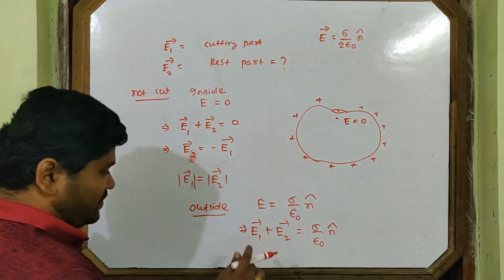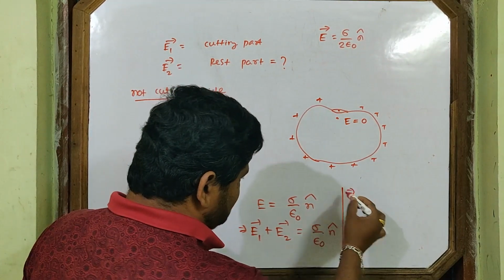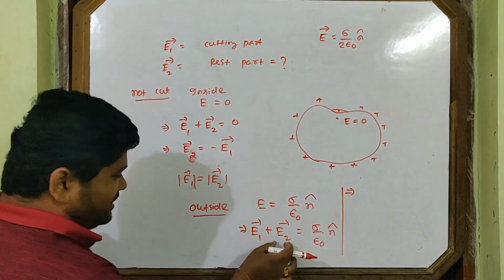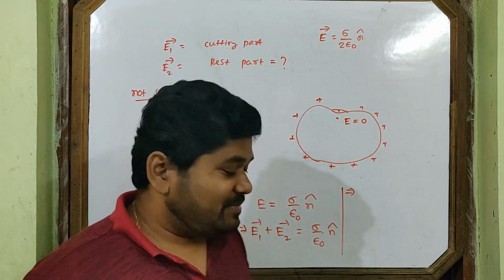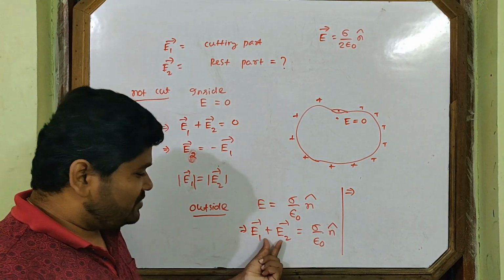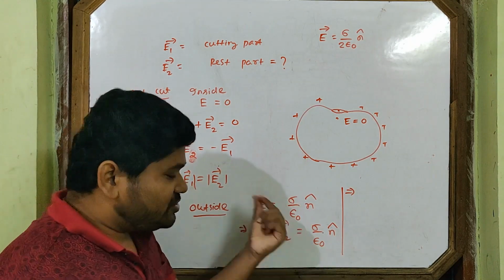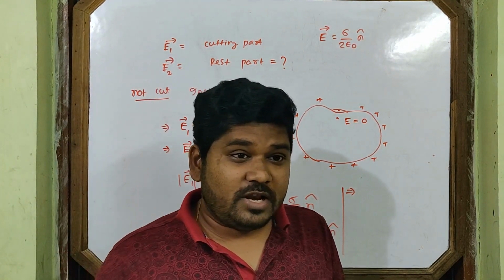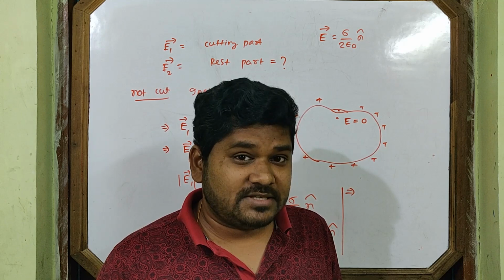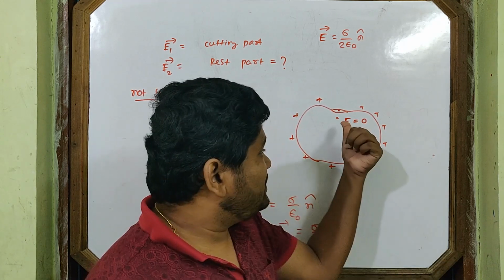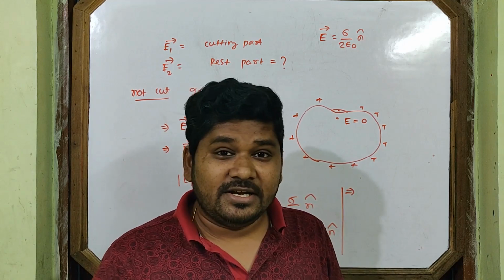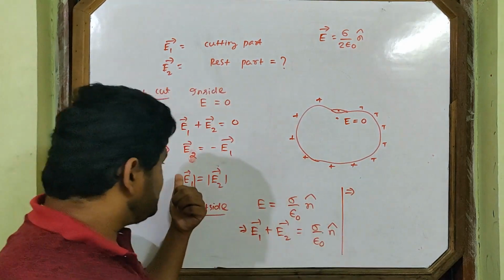Now, what about this? It implies that E1 vector and E2 vector are both equal in magnitude. Outside, the electric field is non-zero, which means the two vectors are added. Inside it is 0, which means the two vectors are subtracted, in opposite directions.